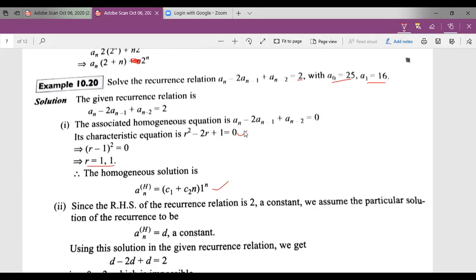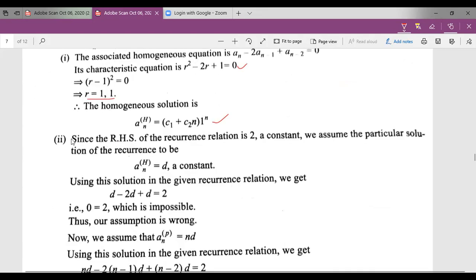So case 2. So what is case 2? Particular solution. Since the RHS of the recurrence relation is 2, it is a constant. So if the RHS term is a constant, then the particular solution is D. a_n^(p) is equal to D.